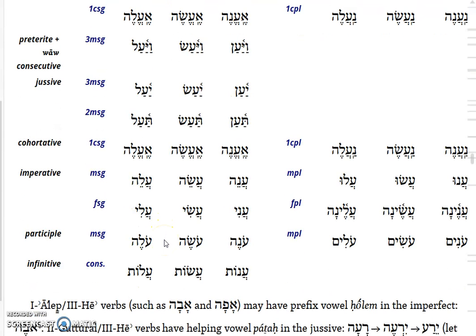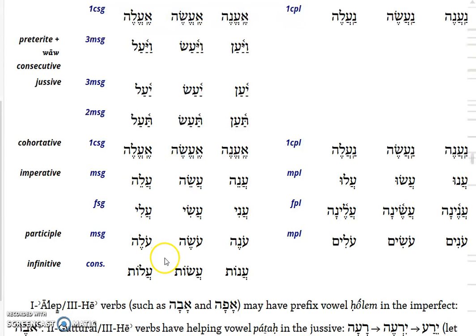And the imperative has a hataf patah, where you normally get a shava under the ayin and a sere for the masculine singular form. The other forms of hey will go away. And with the participle, you get this oleh being the participial form.